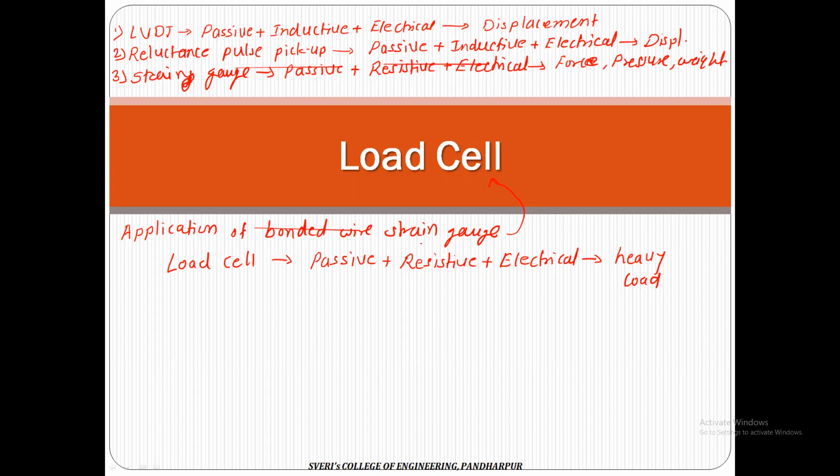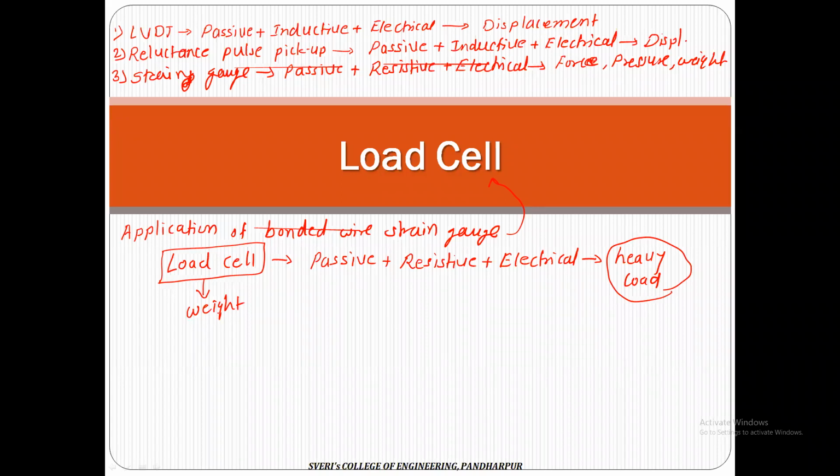Their operating range is not sufficient. So at that time a special type of strain gauge is designed by using the strain gauge. We call it a load cell. And with the help of that load cell, it is possible to measure extremely heavy load. It means that the main application of a load cell is to measure extremely heavy weight.